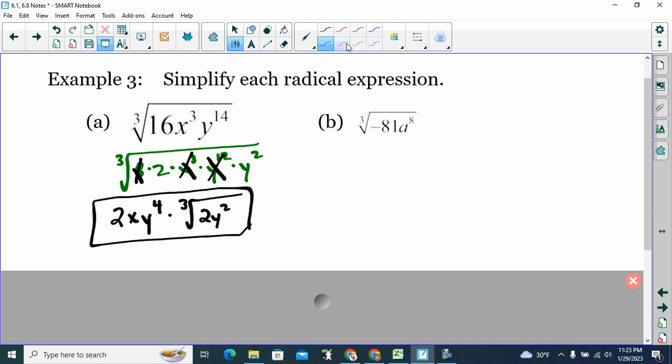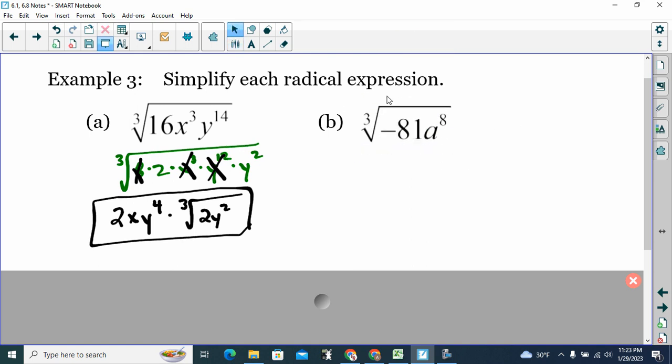Let's try another one. Part B says the cube root of negative 81 a to the 8th. 81 is not a perfect cube.